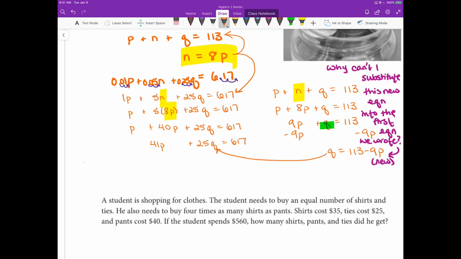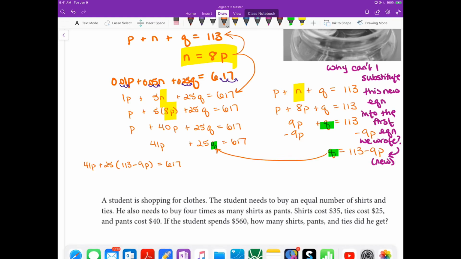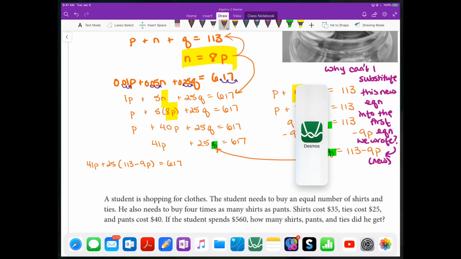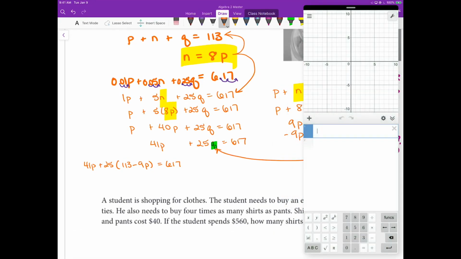So let's do that. 41p plus 25 times 113 minus 9p equals 617. Because all of these q's are equal to each other. And now I'm going to need a calculator. So let's bring up Desmos, trusty Desmos calculator, and I'll distribute the 25 throughout this parentheses.